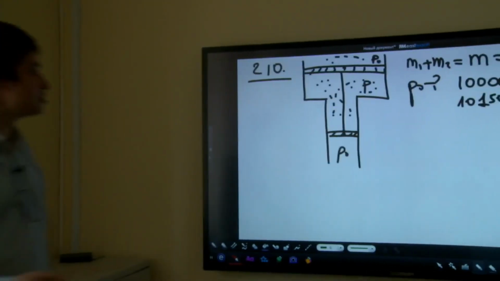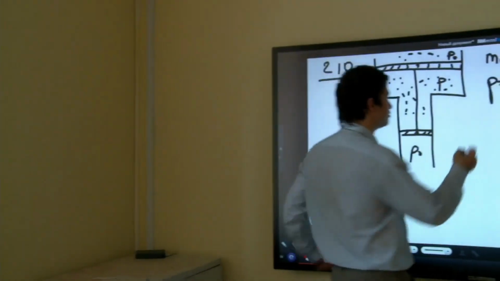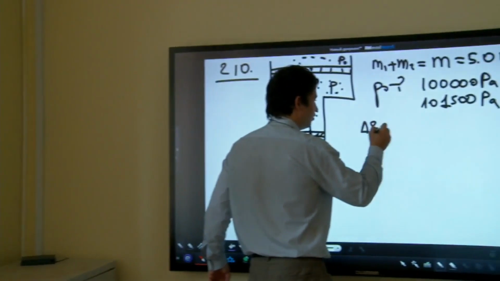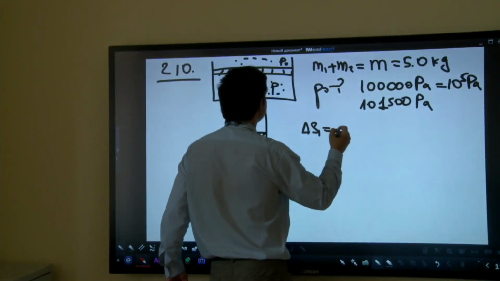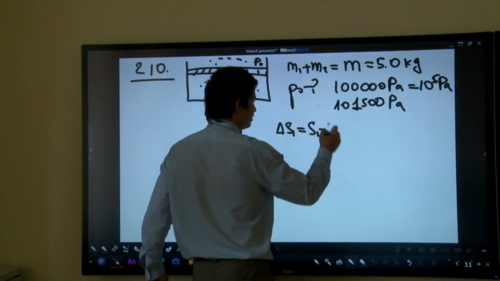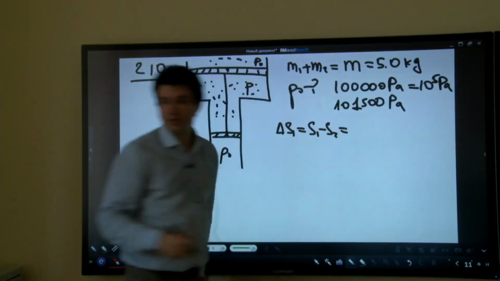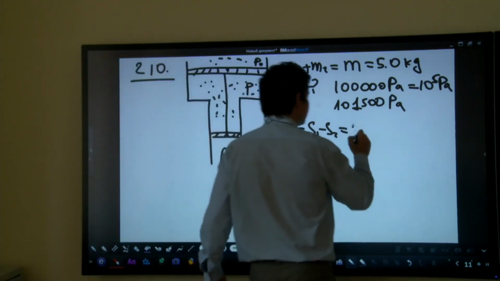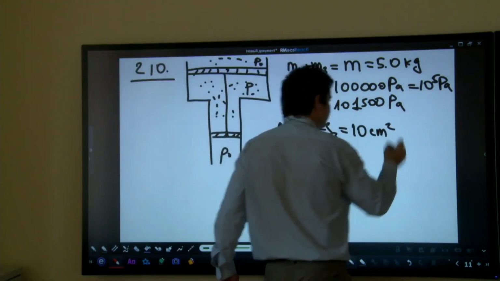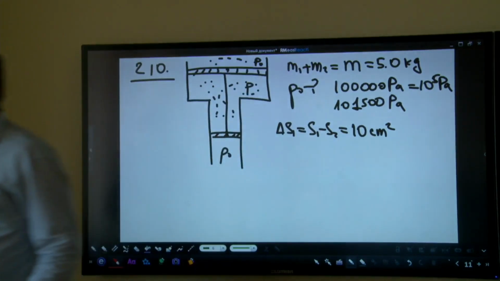Okay, and also the difference in the cross sections of the top and bottom piston is delta S, which is S1 minus S2, is 10 squared centimeters. And the question is as follows.